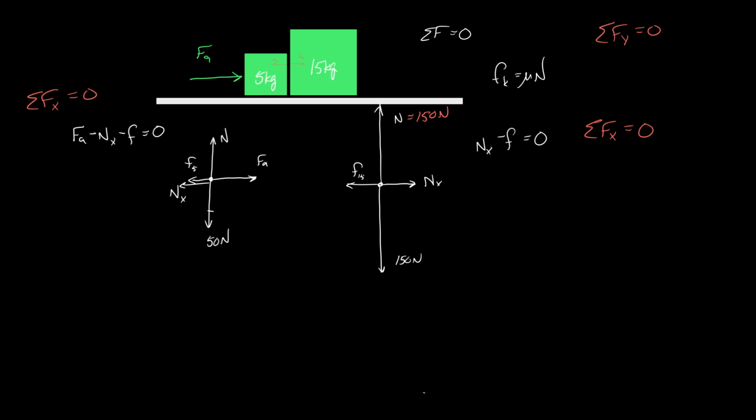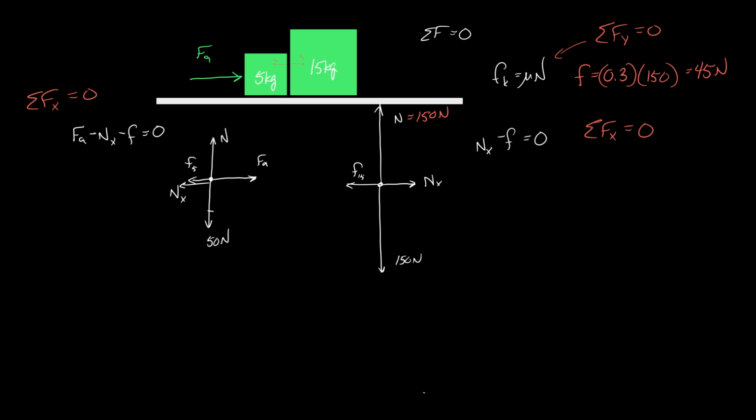We also know friction equals mu times the normal force. So friction equals 0.3, because that's mu, times the normal force of 150. That gave me a frictional force of 45 newtons. Set that aside for a minute, all right?